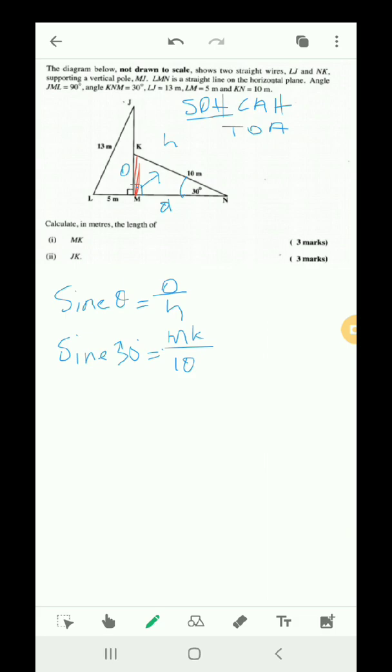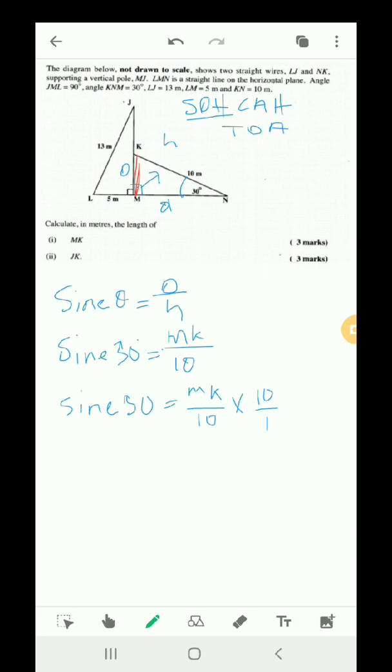Now, in order to find what MK is, we have to get rid of this 10 here that is dividing MK. So what we'll do is to do the opposite. We have 10 dividing MK, so we're going to multiply that by 10. So we'll have MK over 10 times 10 over 1.